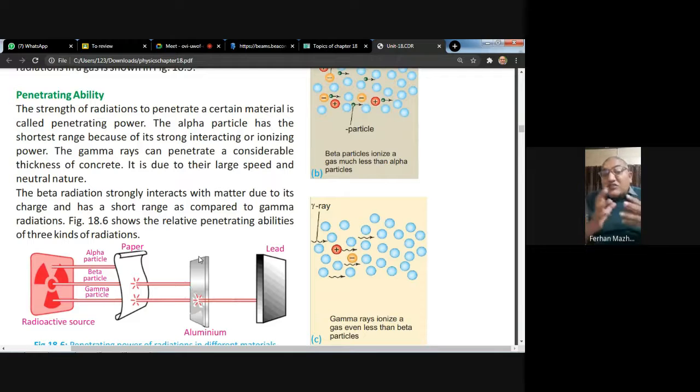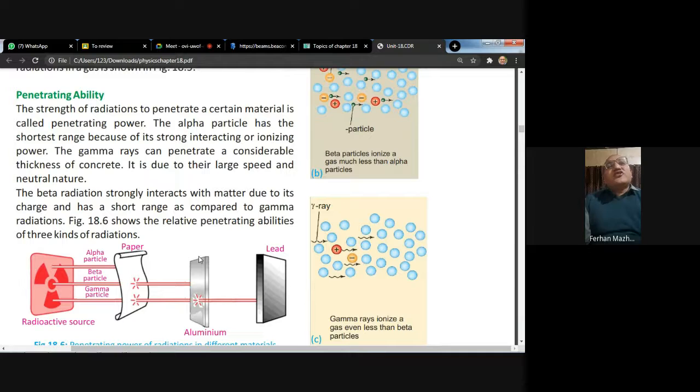If they can pass through paper or how thick paper they can pass through, that is their penetrating power. They can pass through the aluminum foil or not, that's the penetrating power. They can pass through lead, they can pass through glass, means how much they can travel in a medium, that is their penetrating power.